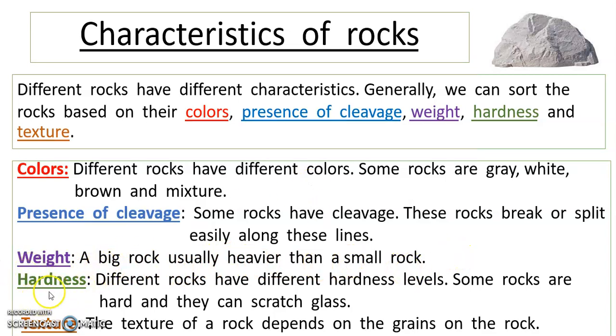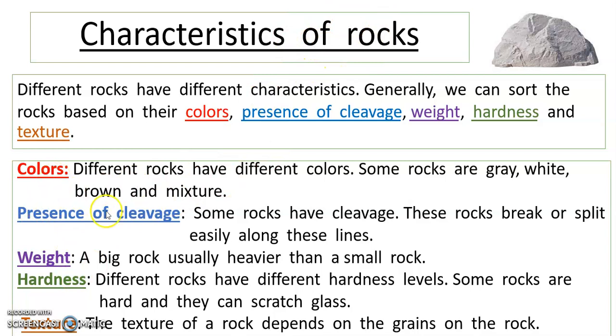Number 4, hardness. Different rocks have different hardness levels. Some rocks are hard and can scratch glass. Number 5, texture. The texture of a rock depends on the grains on the rock. I will explain these characteristics of rocks.